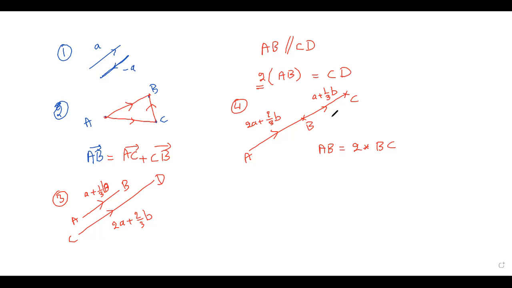We say that A, B, C lie on a straight line, one line passing through all 3 of them, if one of them is a multiple of the other.